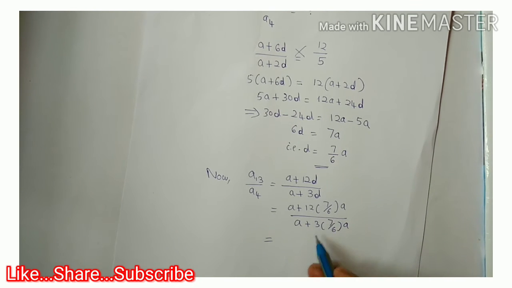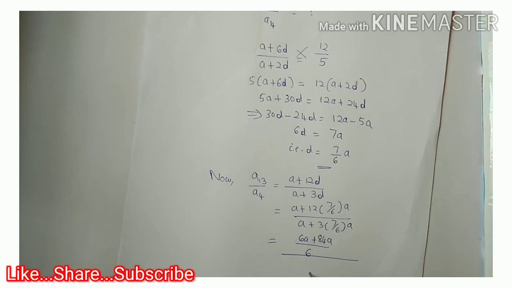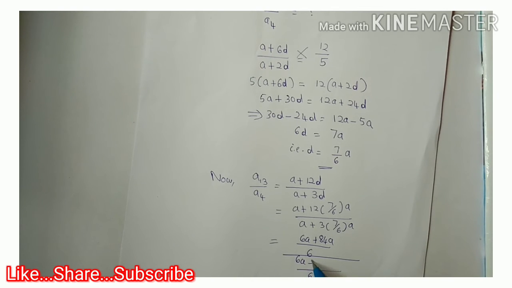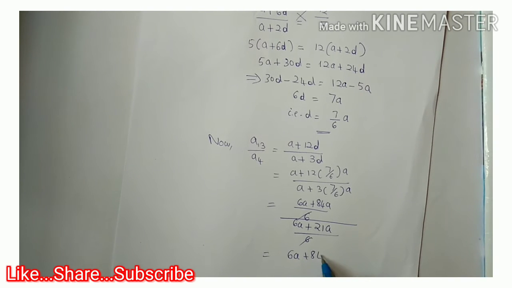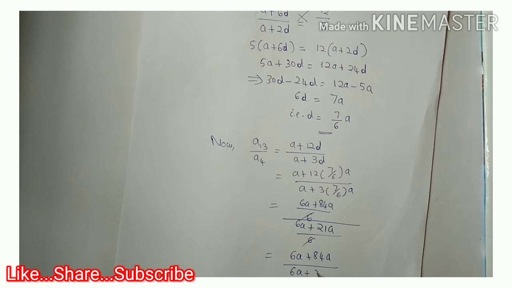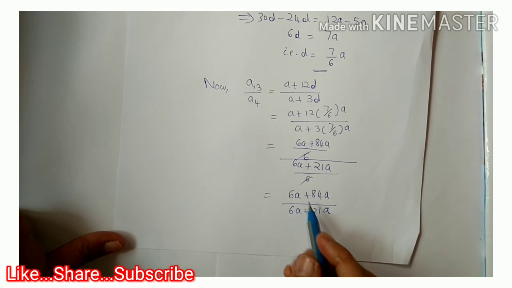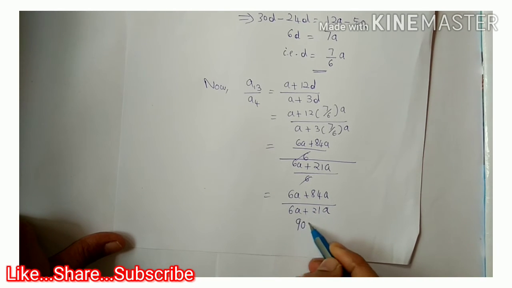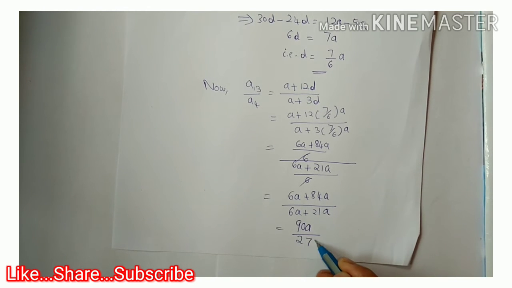Here 6 is the LCM. 6A plus 12 sevens are 84A, divided by, again 6 is the LCM, 6A plus 21A. 6A plus 84A is 90A, 6A plus 21A is 27A.